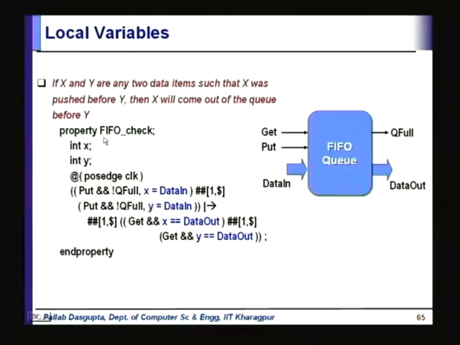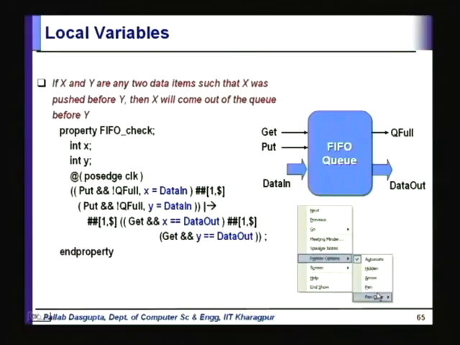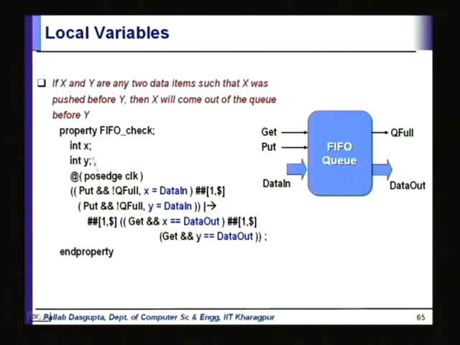We write property FIFO check, then we declare two variables, int x and y. Now, after declaring this, let us see how we are using them. In this queue there is one signal called get, one signal called put, and a signal called queue full indicating that the queue is full, and we have the data in and data out.